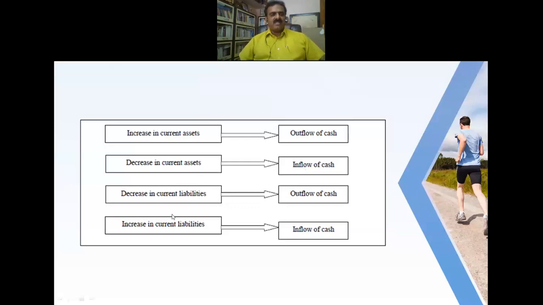As far as current liabilities are concerned, a decrease in current liability decreases cash, and an increase in current liability increases cash. For current liabilities, decrease means minus and increase means plus. And for current assets, an increase in current assets is to be minus and a decrease in current assets has to be plus. So these are the four rules to be followed with respect to the working capital items.